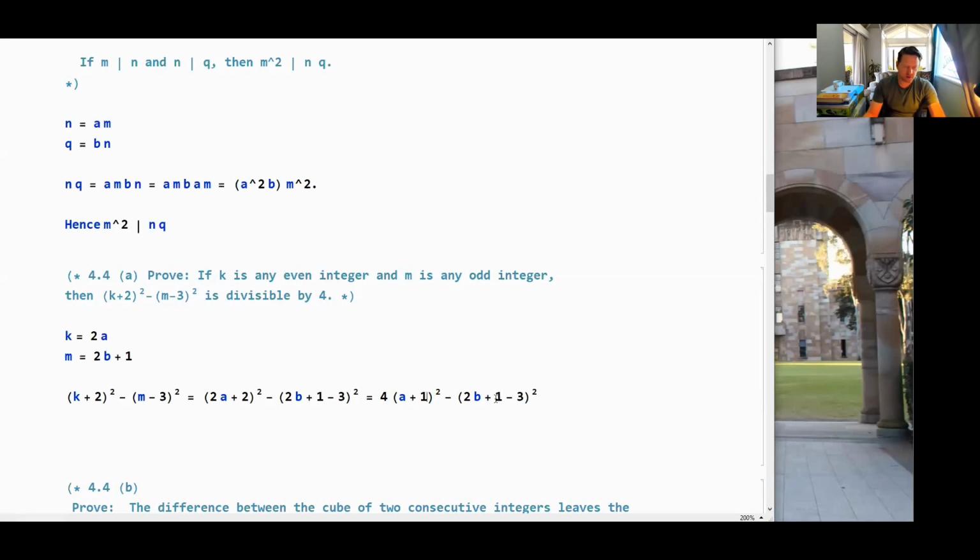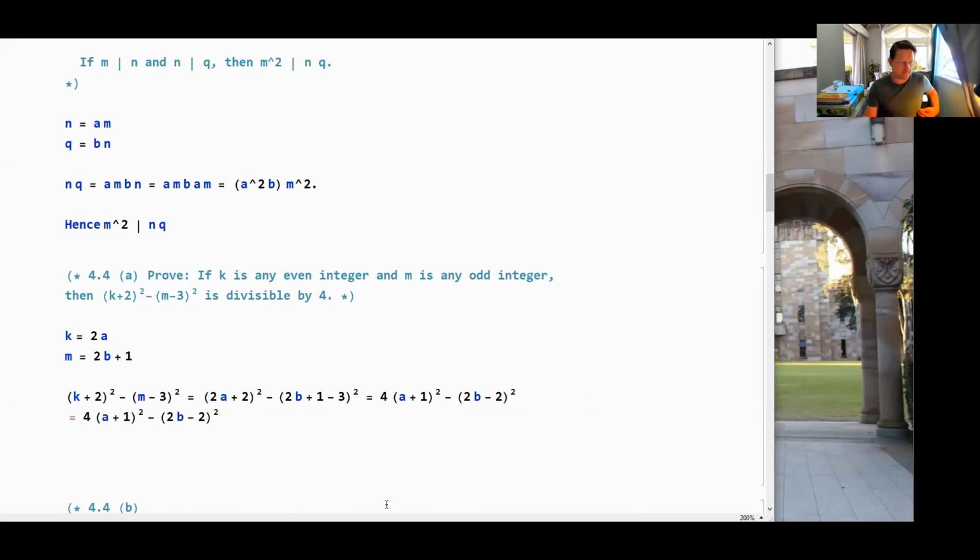Now let's simplify this second part of it, 2b plus 1 minus 3. So that's 2b minus 2. And then again, there's a 2 in the 2b minus 2. So let's create another line, and I'll even move it down in case you can't see the whole screen. We'll factorize the 2 out, and then it gets squared, so we have a 4 in front.